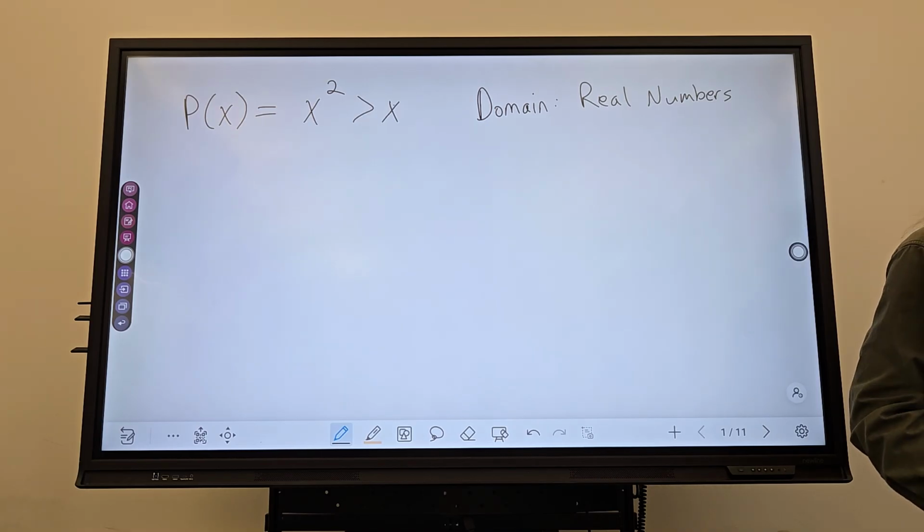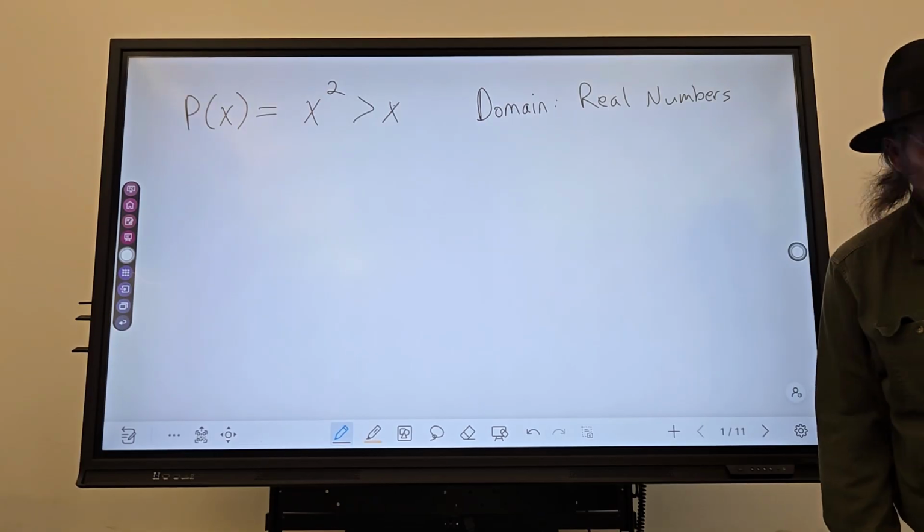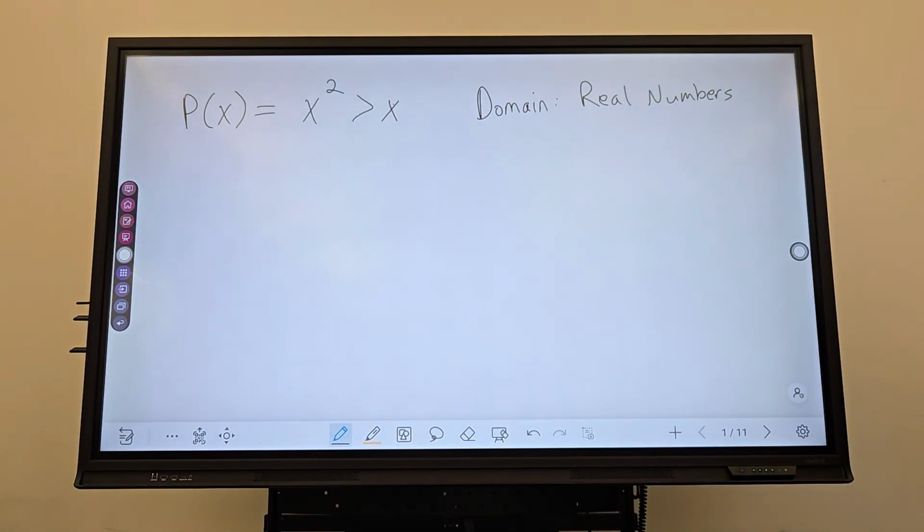So is the predicate true for P of 2? Yeah. So P of 2 is true. What about P of 1/2?